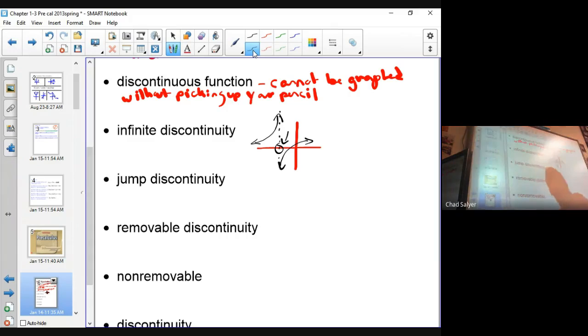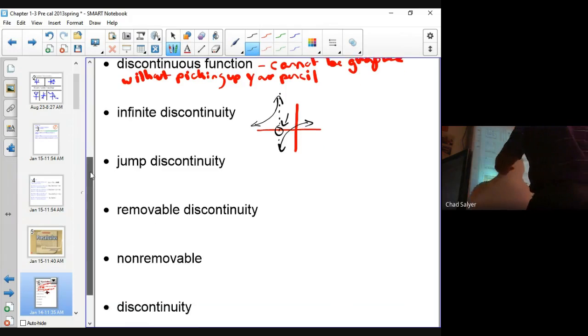So there's the x value that's problematic in this case, and you see how the function goes to both positive and negative infinity around it. It can go to positive infinity on both sides, negative infinity on both sides, but it goes to positive infinity, negative infinity, or both around a certain point. And we call that an infinite discontinuity.